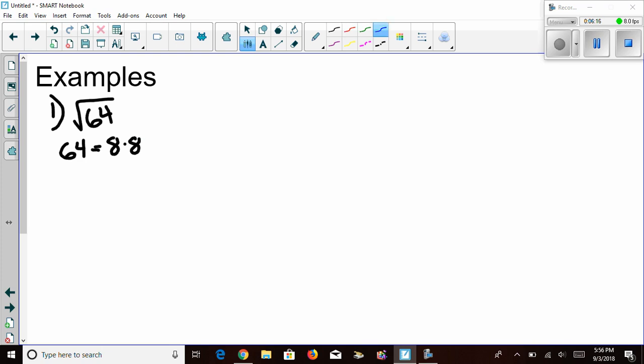So if I were to talk about the square root of 64, the answer is 8. One way of looking at square roots is to ask yourself what number multiplied by itself equals the number inside that radical. What number times itself equals the number given?